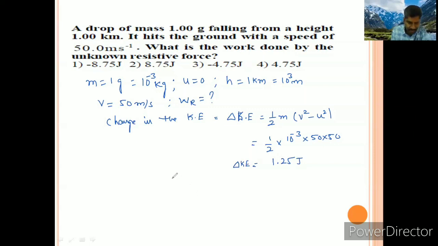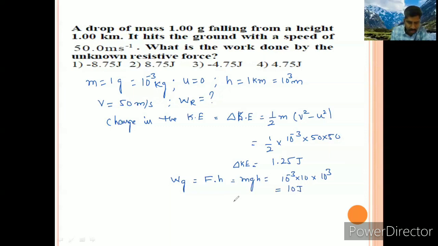Now the work done by the gravitational force is equal to F into h. The h value is given. F is not given, so it is ma, we can write mgh. The m value is 10 to the power of minus 3, g is 10, h is 10 cube. So we get only 10 joules.